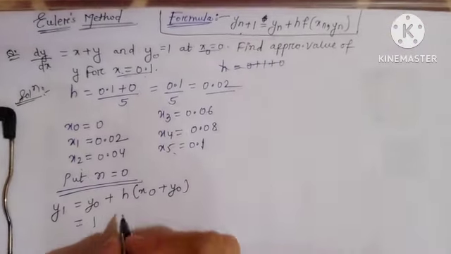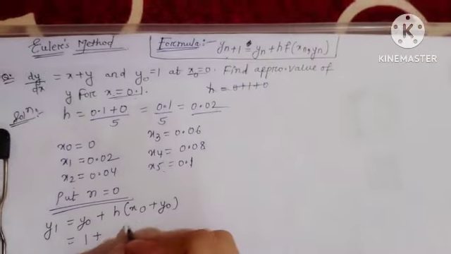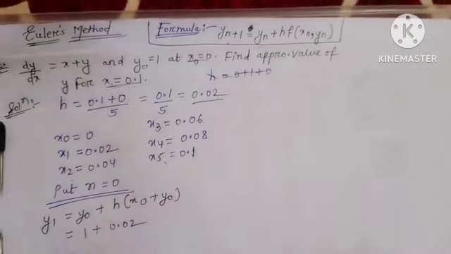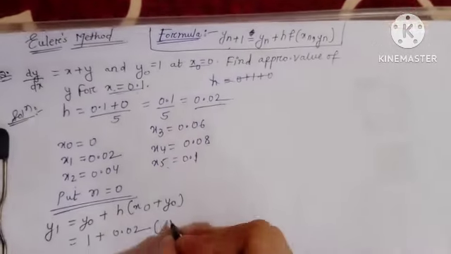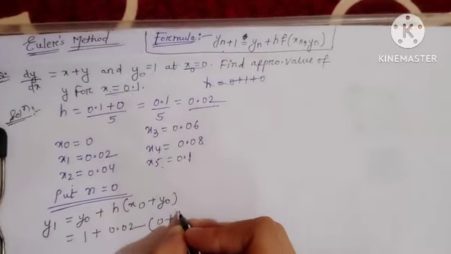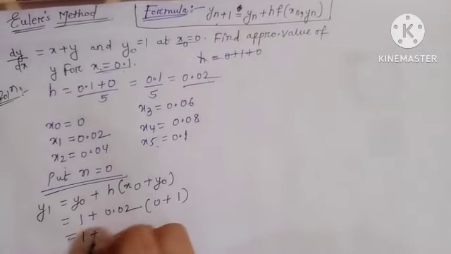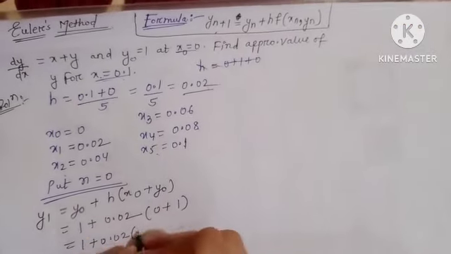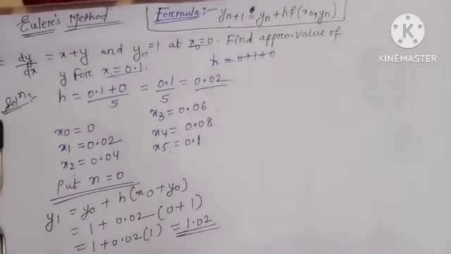So y0 is 1 plus the value of h, 0.02, times the value of x0, which is 0, plus y0, which is 1. So 1 plus 0.02 times (0 plus 1), which is 1. So the value is 1.02.